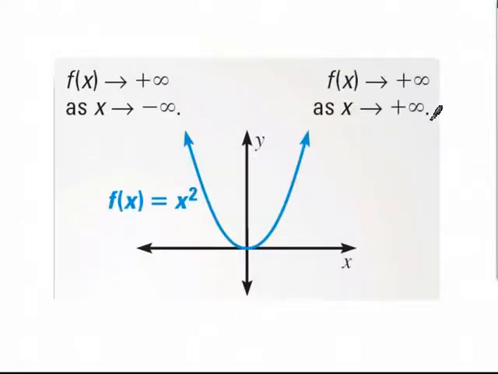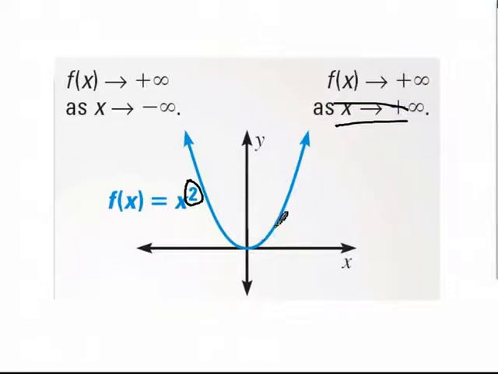Moving on to even functions. Well, what's the simplest even function that we know of? f of x equals x squared. This is called even because our highest exponent in this case is 2, and so therefore it is an even polynomial function. Well, how does an even function work? As x approaches positive infinity, the function also approaches positive infinity.